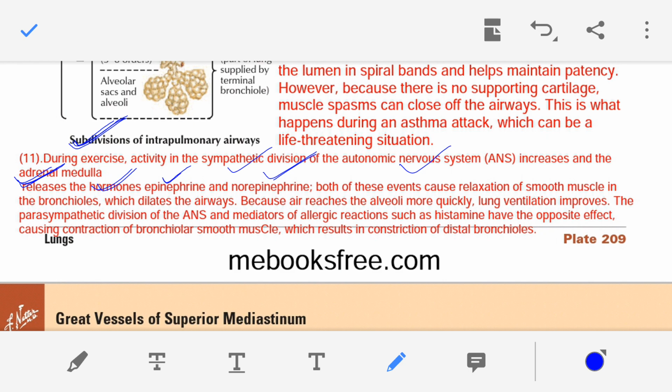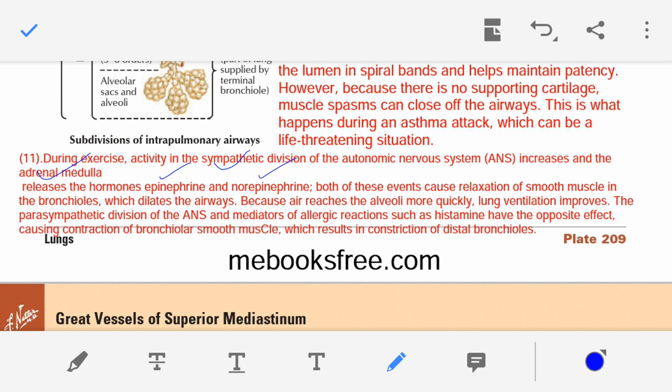So when we are exercising, one thing, the sympathetic division is activated, second thing, the adrenal medulla is releasing epinephrine and norepinephrine.